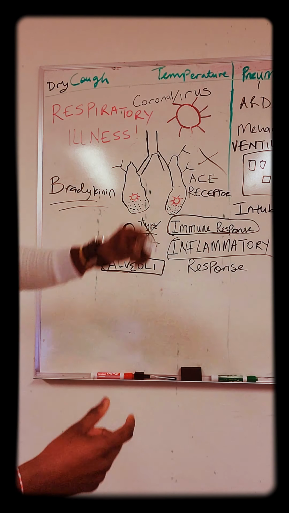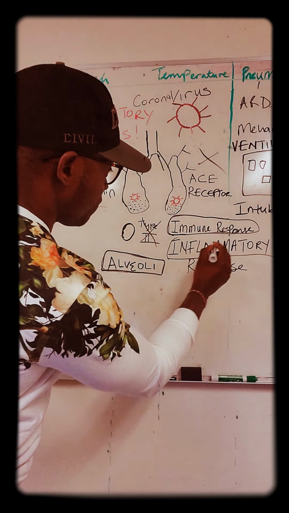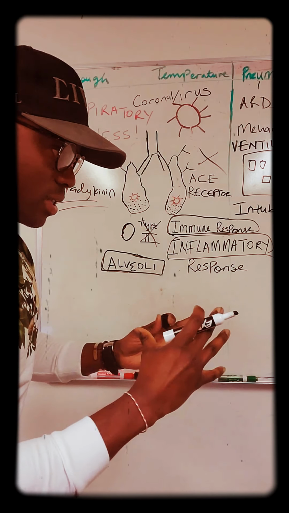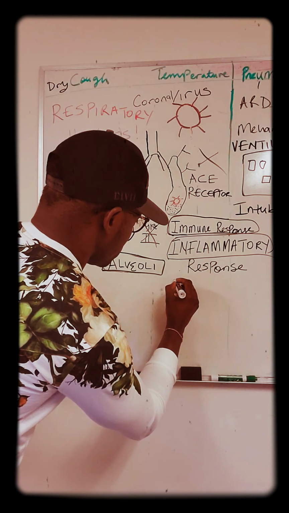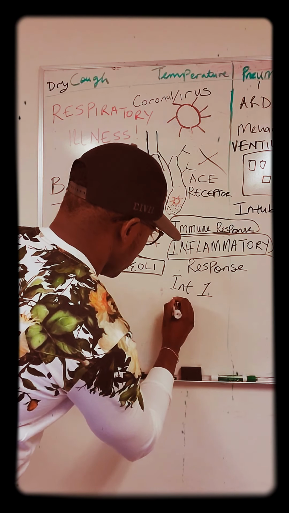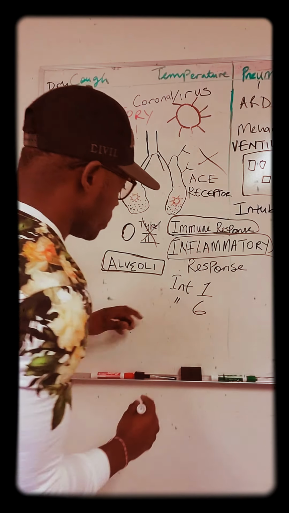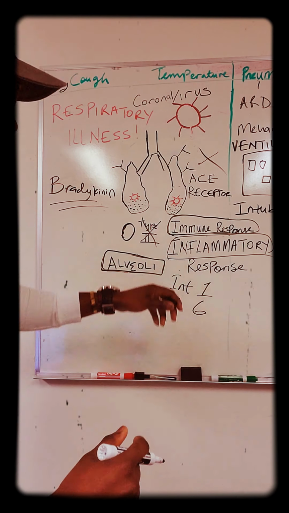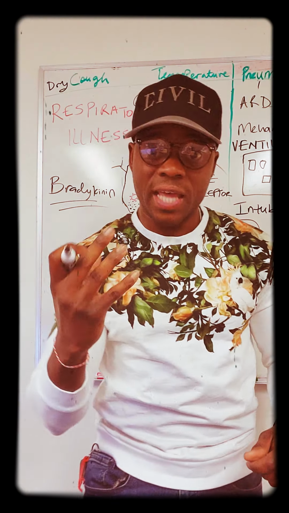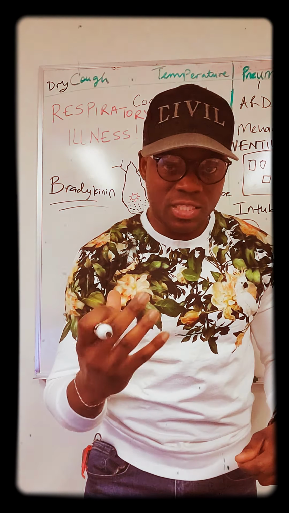The reason you get a temperature is because this inflammatory response comes with something called interleukin 1 and interleukin 6. With interleukin 1 and 6 being released, there's a part of your brain that picks that up, called the hypothalamus.